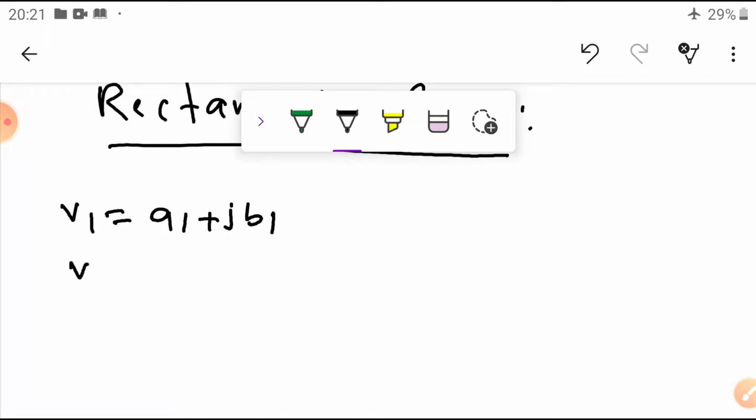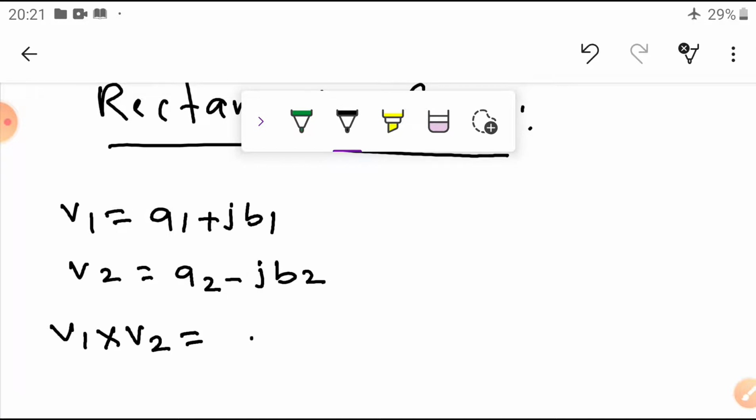Now, V2 is given, for example, as A2 minus j B2. Now, I want to multiply V1 into V2. So, write A1 plus j B1, dear students, minus plus, be careful, into A2 minus j B2.